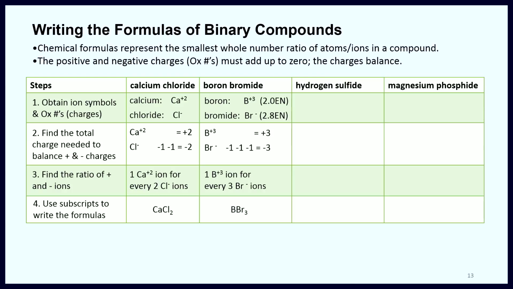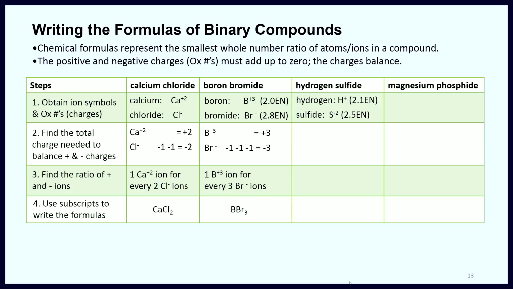How about hydrogen sulfide? The ion symbols and their charges. Well, hydrogen is H, and of course it's going to be either +1 or -1, as we saw. If it's the less electronegative atom in the compound, then it would take its positive oxidation value, and it is in this case less electronegative. Sulfide is more electronegative, and so it uses its negative oxidation number.